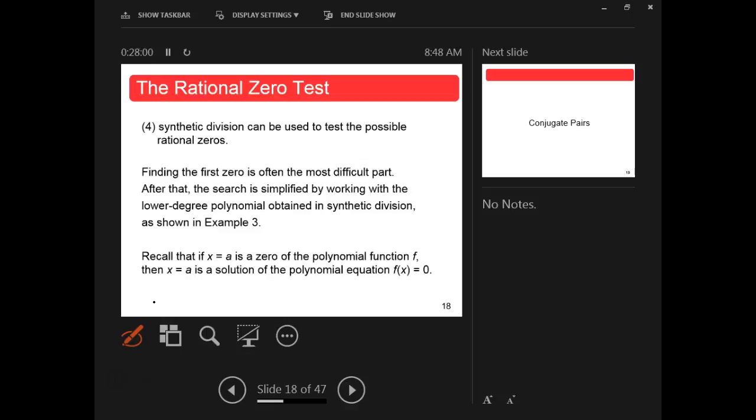All those things are true if x equal a is a 0, or a solution: x minus a is a factor, or a, 0 is an x-intercept. All right. Now, that was example 3.